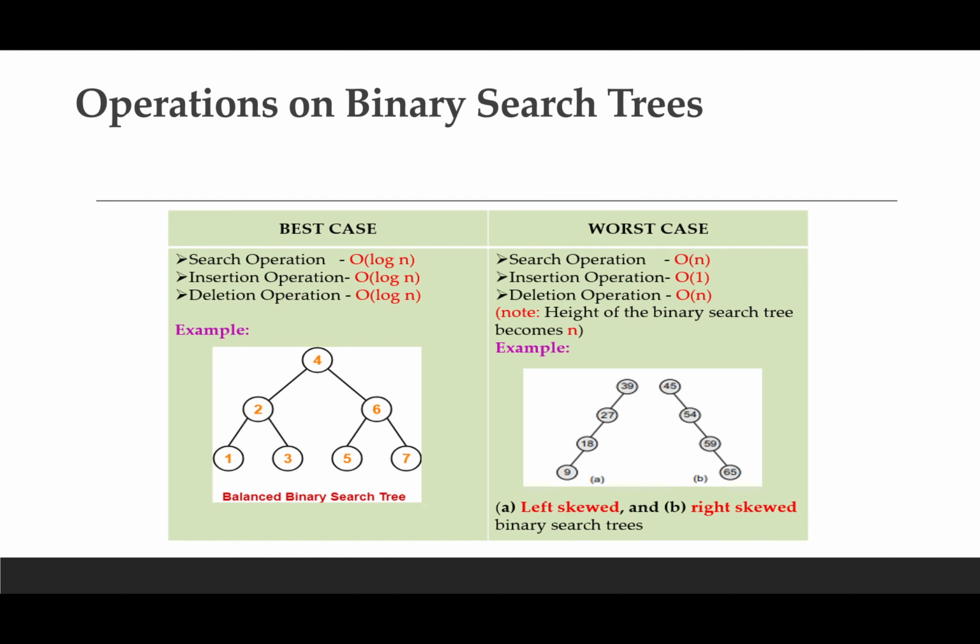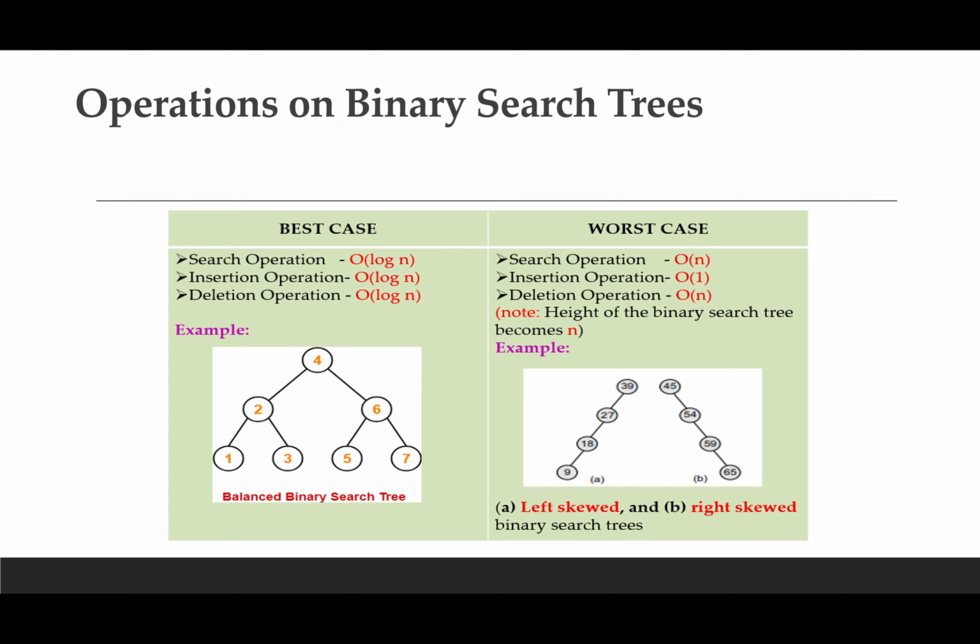Then the operations of a binary search tree. Here we do searching, insertion and deletion. The complexity has a worst case as well as a best case. If the elements are given in order, that is, the left subtree contains values less than the root and the right subtree contains values greater than the root, it is the best case.